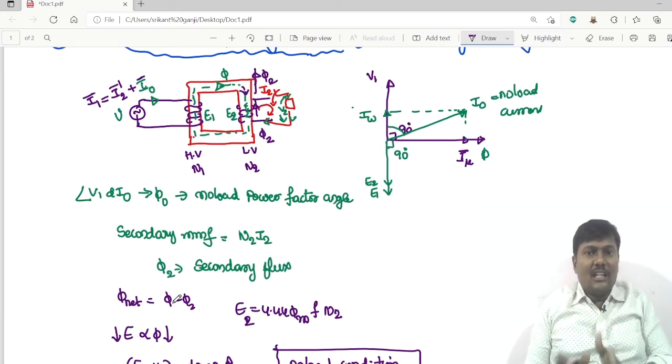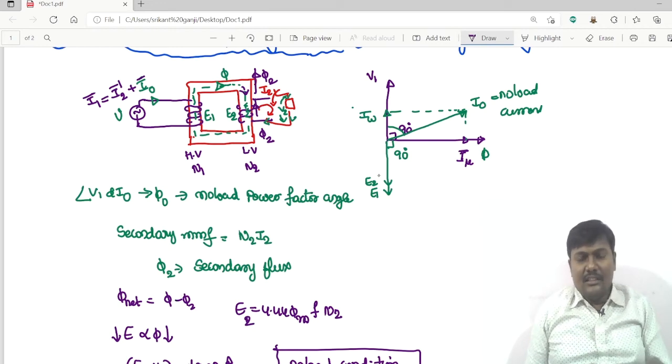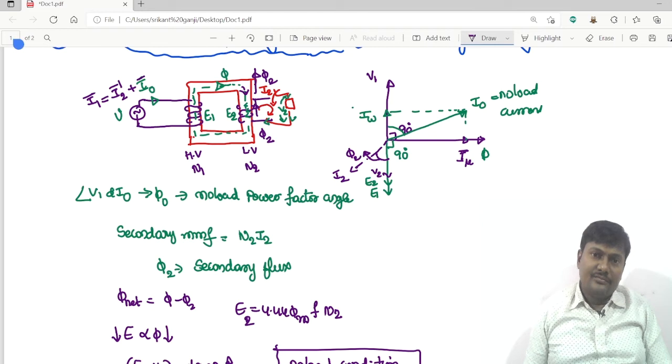So for a lagging load, if I take E2 and V2 both in the same phase by neglecting the small angle, the load current I2 lags at an angle of phi 2.